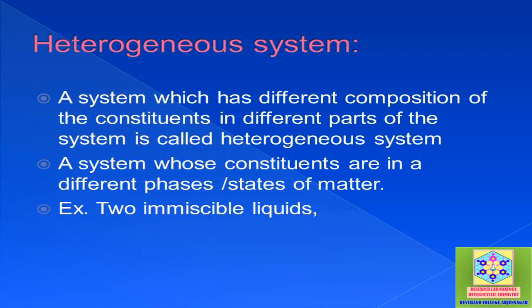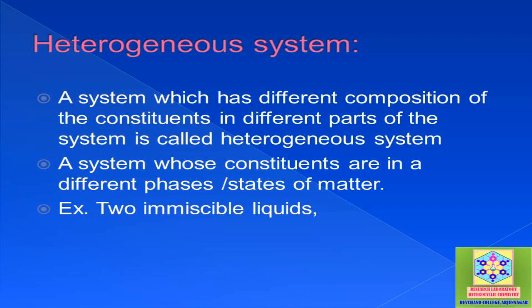On the contrary, the heterogeneous system is having different composition of the constituents present in the system in different parts of the system. The system whose constituents are in different phases or different states of matter is called heterogeneous system. For example, a mixture of two immiscible liquids.